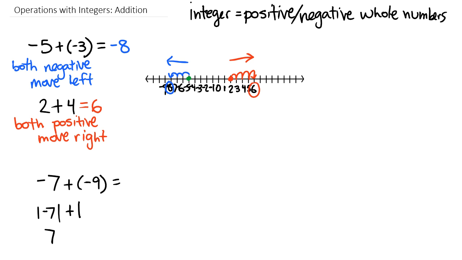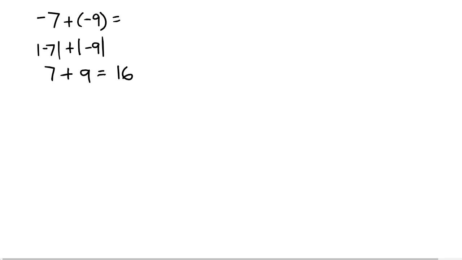What's the absolute value of -9? Well, it's 9. And we add those two absolute values together and we get 16. Now what we need to do from there is take the sign of the numbers. So we can then say that -7 plus -9 is -16.